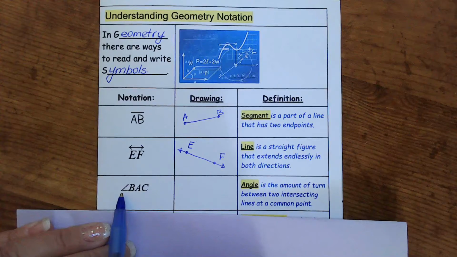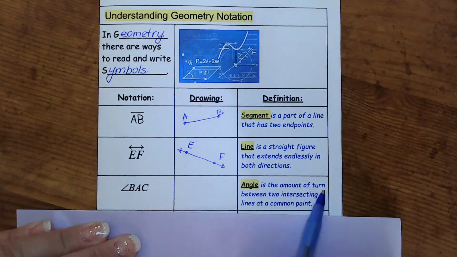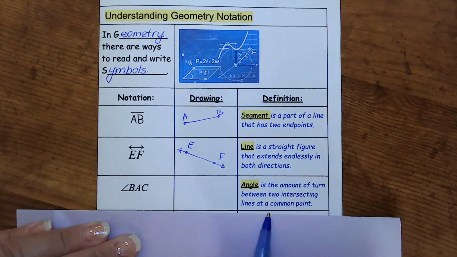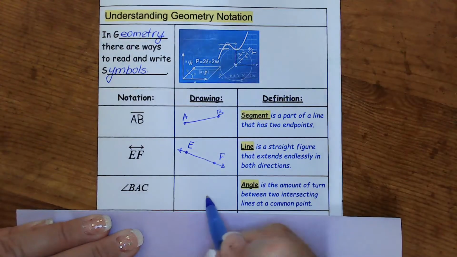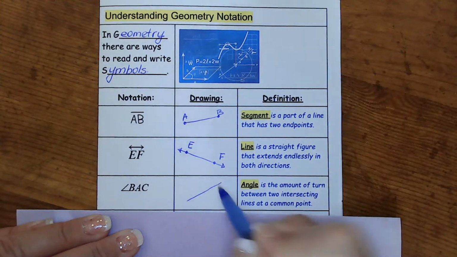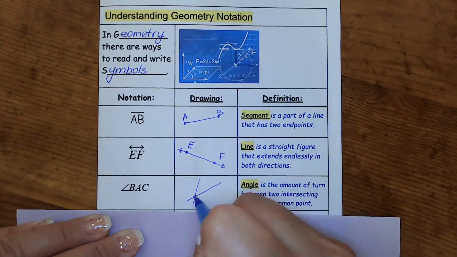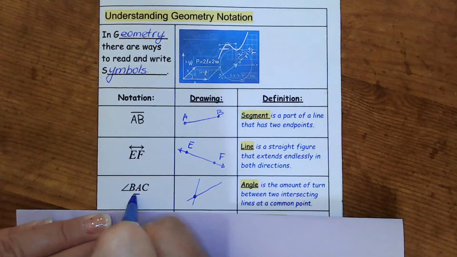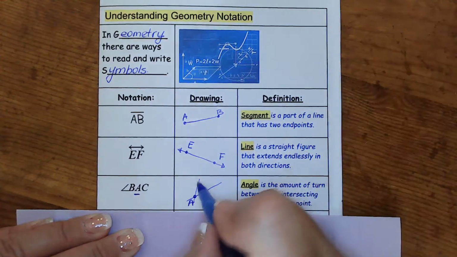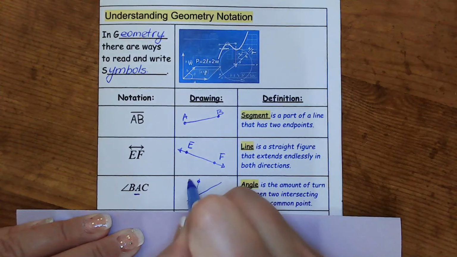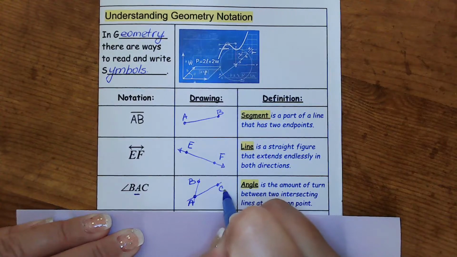Symbol for angle. Angle BAC. An angle is the amount of turn between two intersecting lines at a common point. So I draw two lines, let's say. This common point is the middle letter in the angle, always. B will be on one side and C will be on the other.